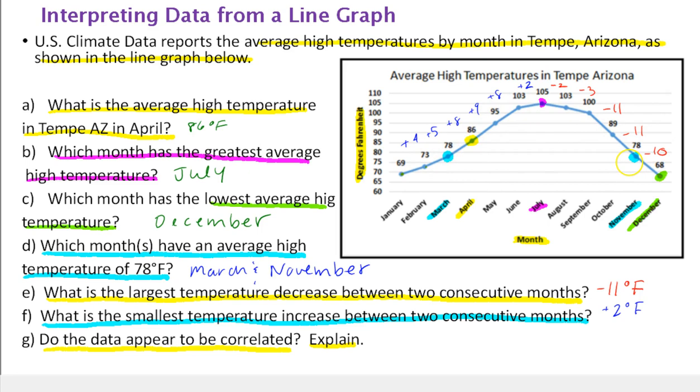So we usually talk about here the data are positively correlated, meaning as time increases, the average high temperature increases. Here, the data are negatively correlated. As time increases here, the average high temperatures decrease. So I will say that they are correlated.